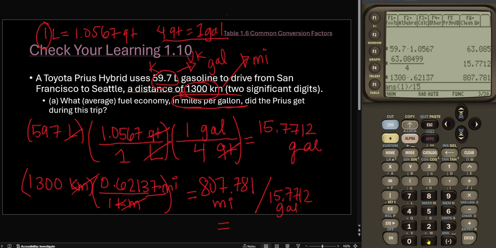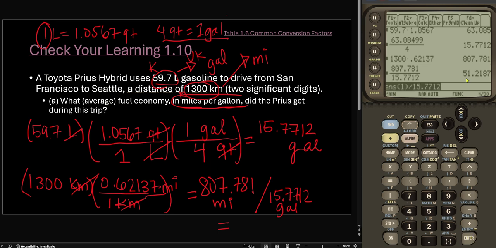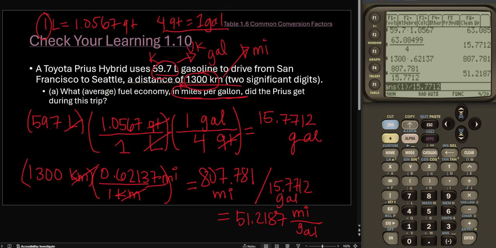And we're going to divide. Again, this is a simple operation, so you don't necessarily need the parentheses, but always be safe. And here we have our 51.2187 miles per gallon.